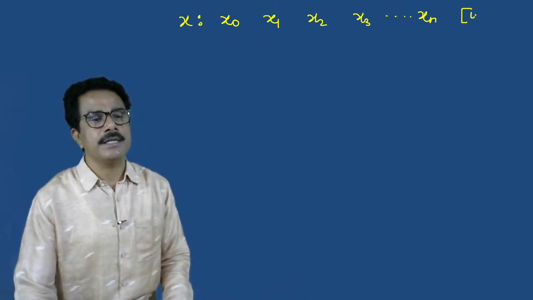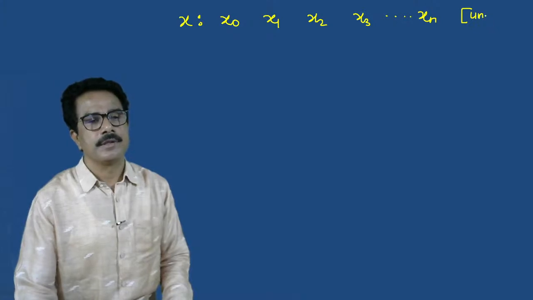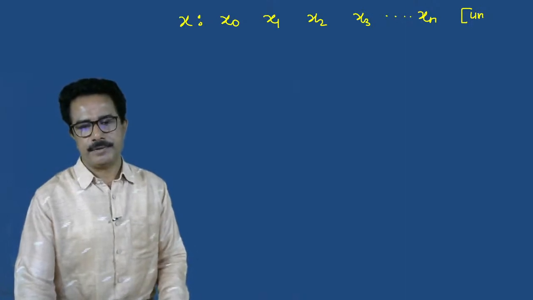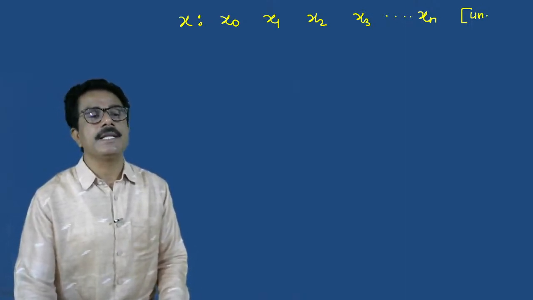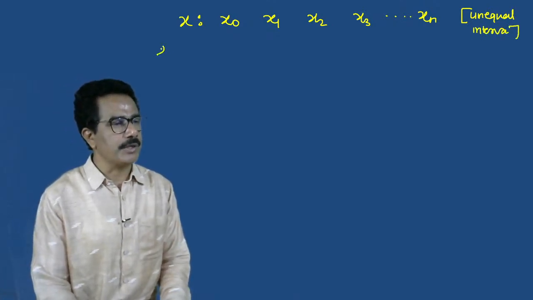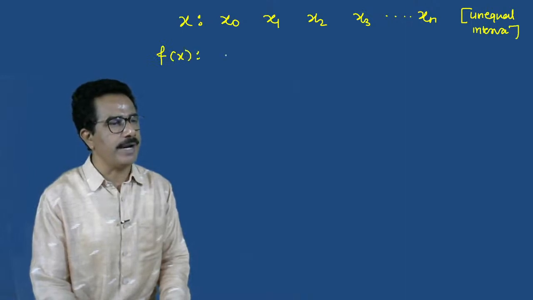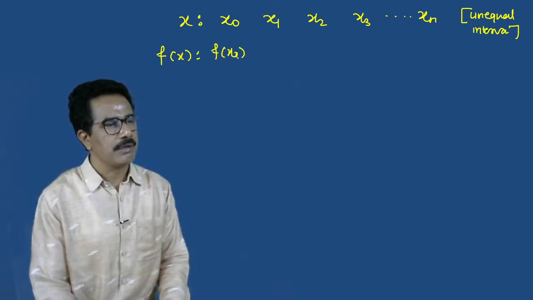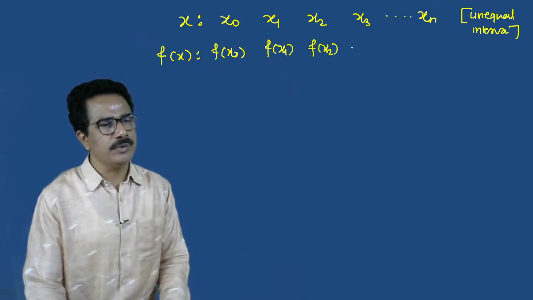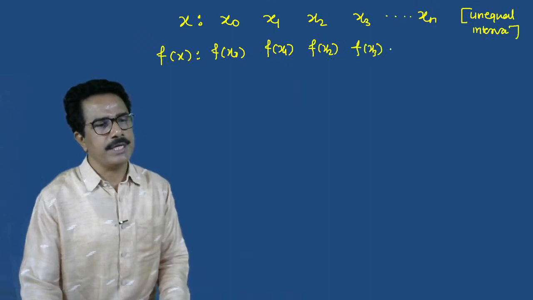See this, these are unequal, or it is not equispaced, not equal, that is unequal interval. See, this is a very important condition. Then f of x is defined as f of x0, f of x1, f of x2, f of x3, dot dot dot f of xn.